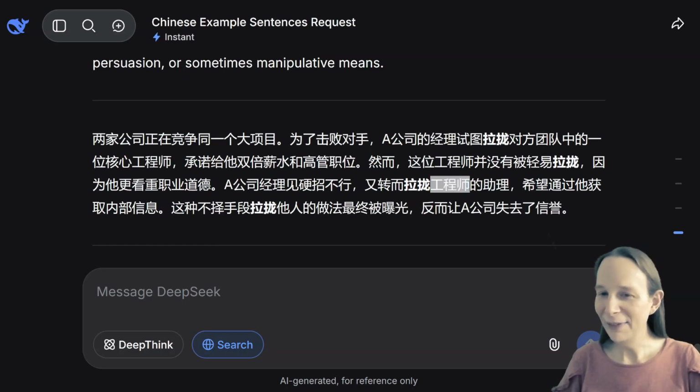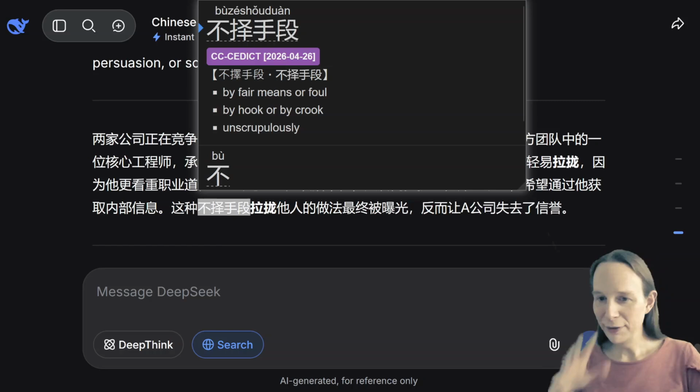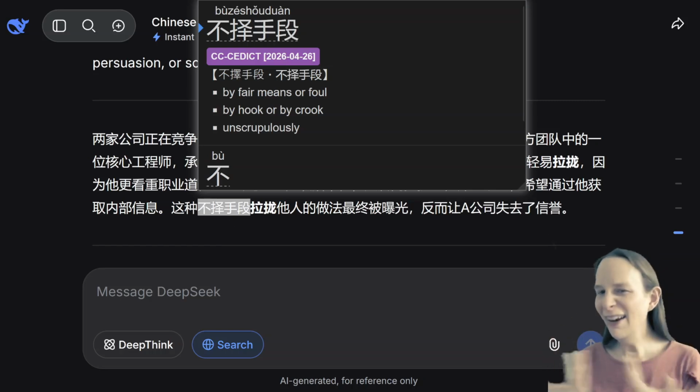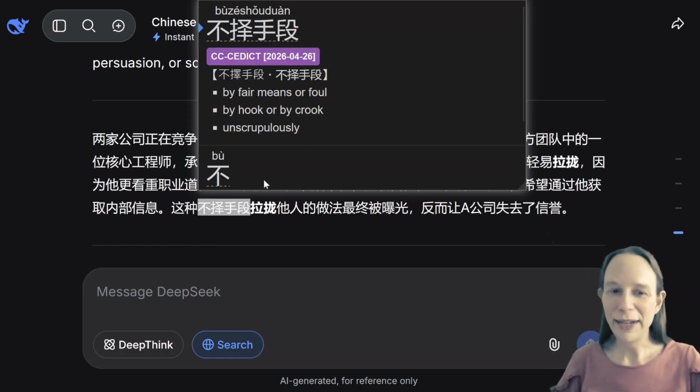You have to be a pretty high-level engineer to get an assistant. 希望通过他获取内部信息。这种不择手段 is a 成语. It means unscrupulous. So 选择的择, you're not choosing between methods, which means you don't care if it's a good or bad method or if it harms other people. You just do it anyway.